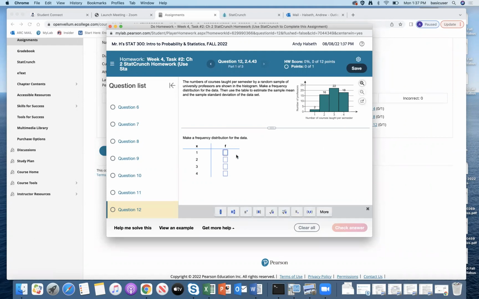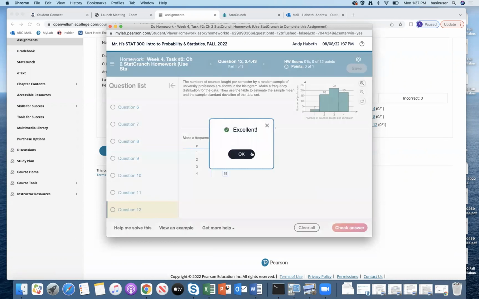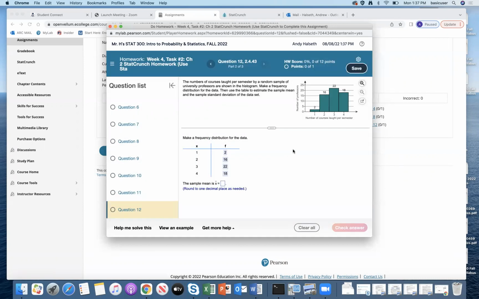For the first part, I'm just filling in the data by typing in the number of professors per number of courses. All it takes is a little keen eyesight, and then check. Okay, got that right. Now the mean.